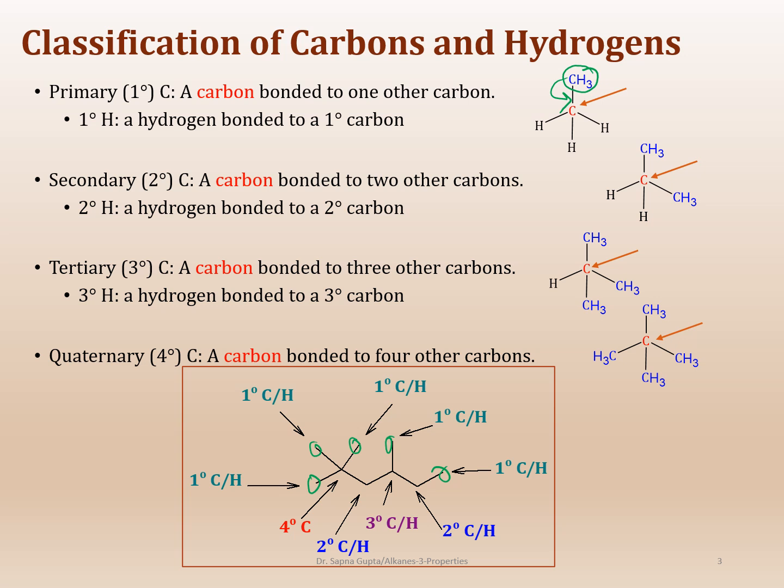I could look at it the other way also. In this case, because there were only two carbons, this carbon is connected to only one carbon. So this carbon is primary and the hydrogens are primary. So those are the terminal ones.